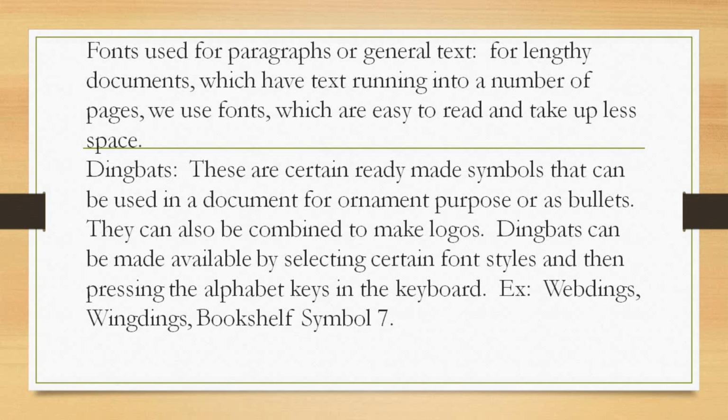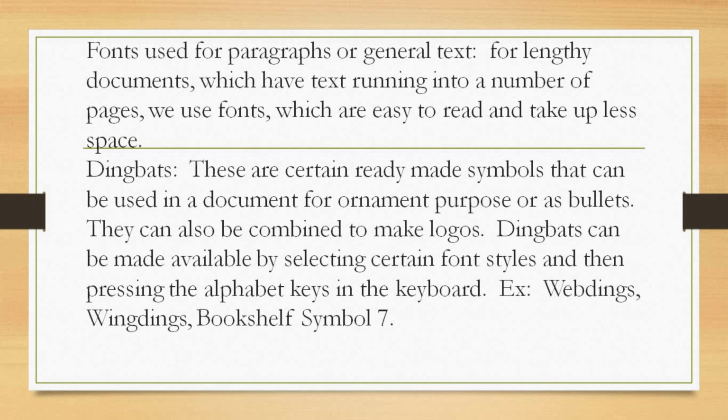The next type of font is the font used for paragraphs or general text. Usually for lengthy documents which have text running into a number of pages, we use fonts which are easy to read and take up less space. The next type of font is dingbats. These are ready-made symbols that can be used in a document for ornamental purposes or as bullets.